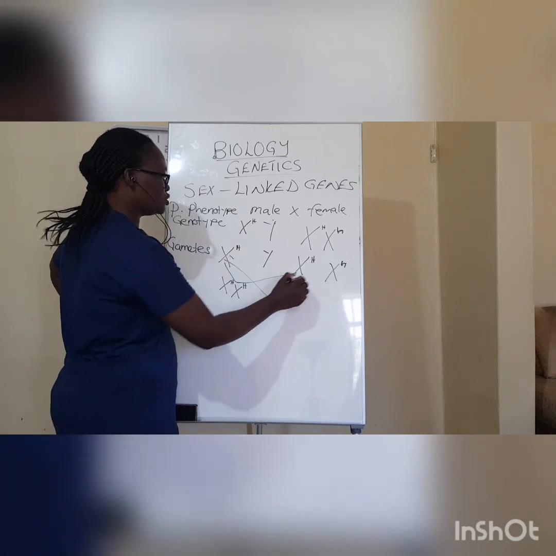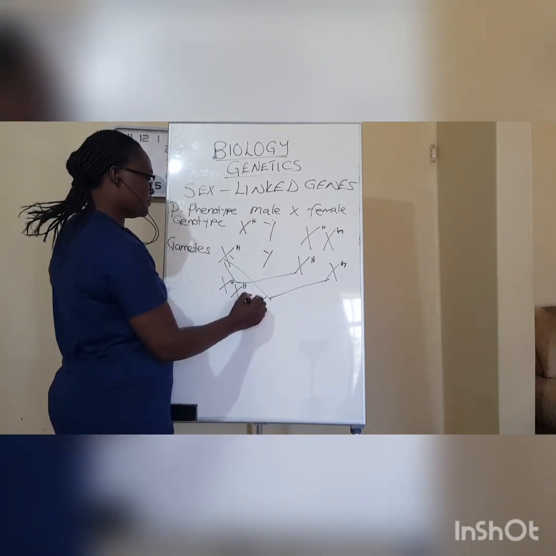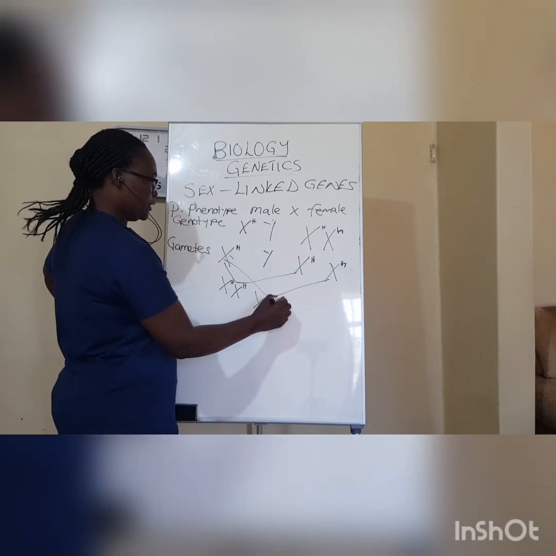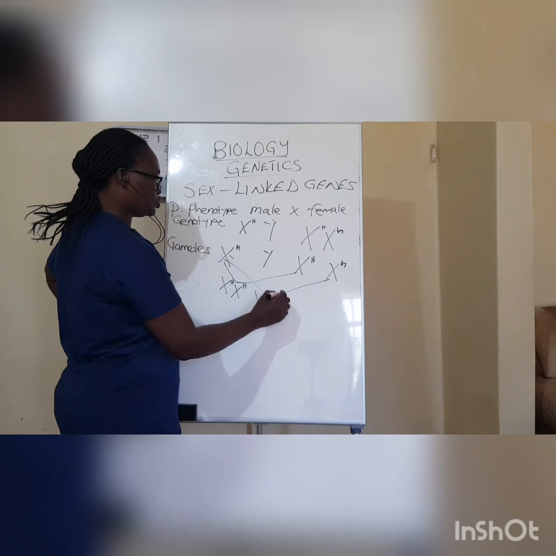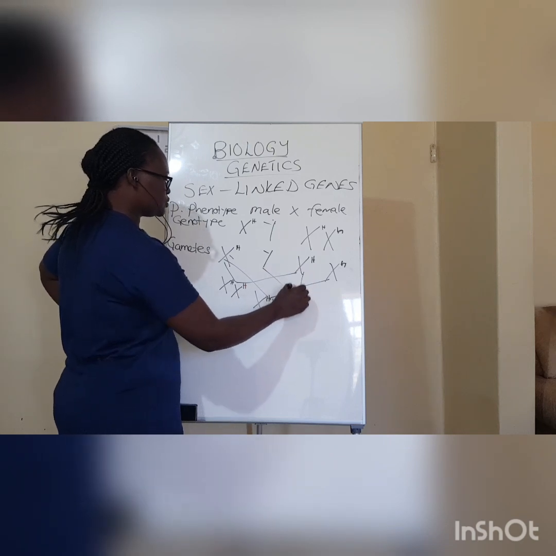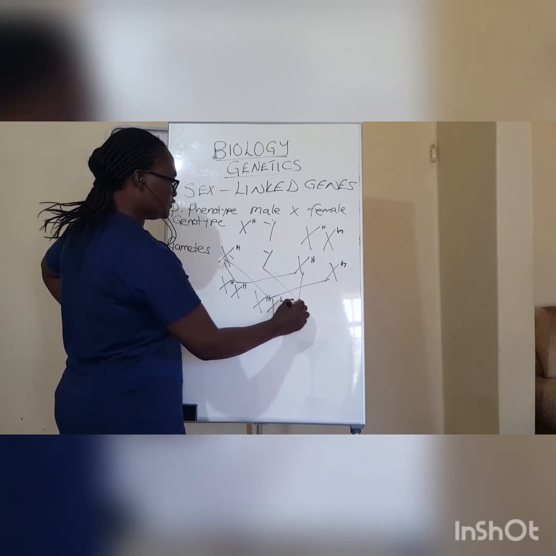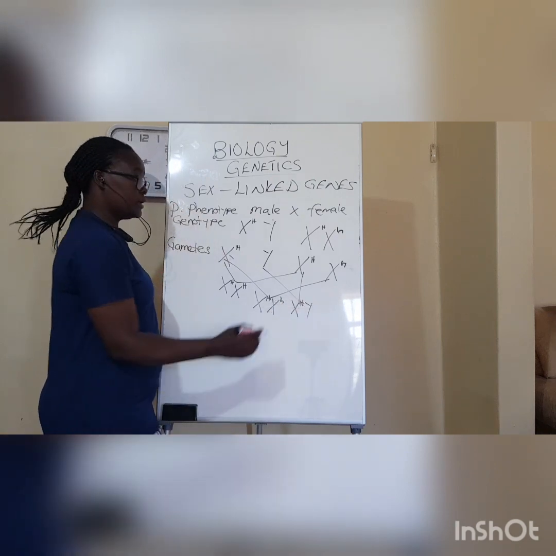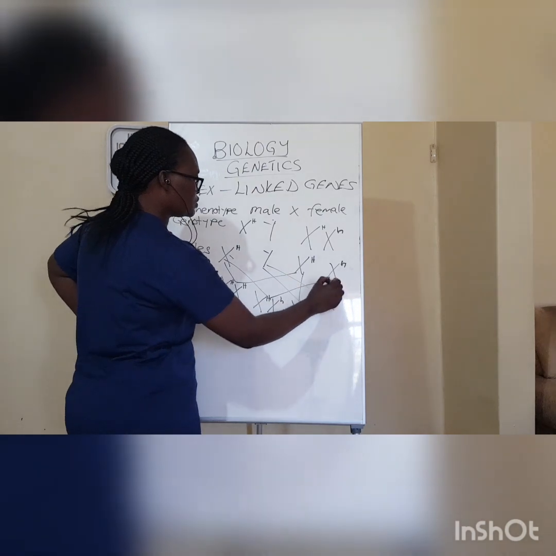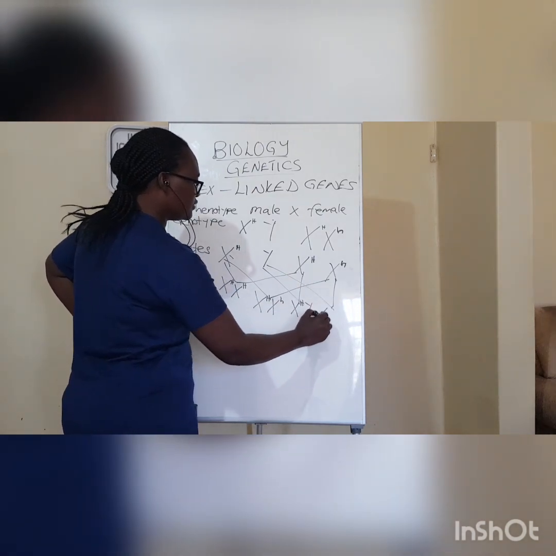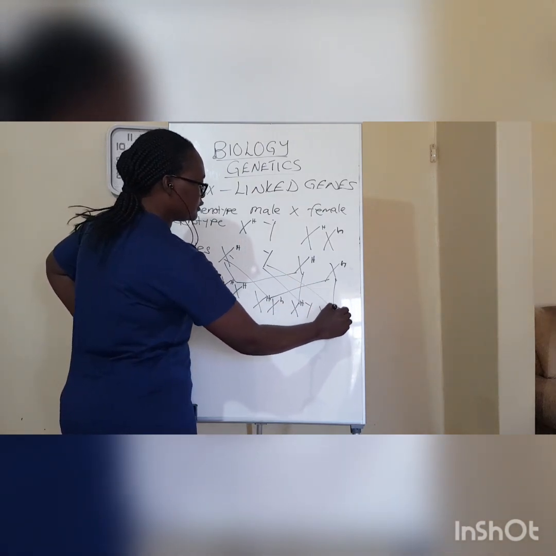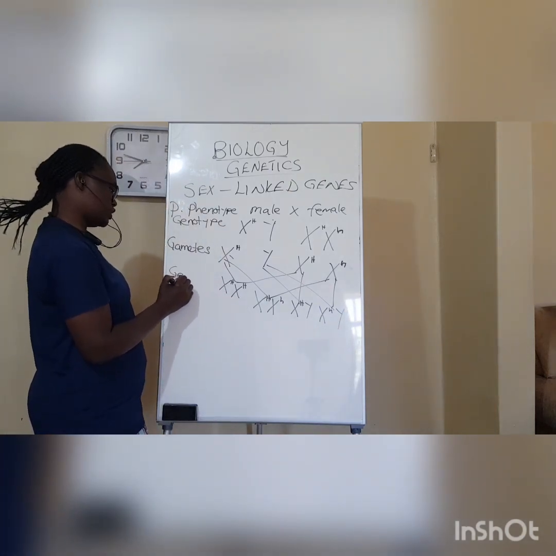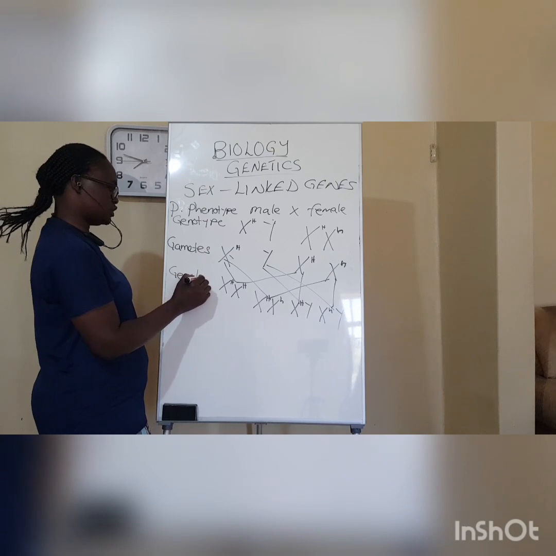Then this goes with that. We have a female capital H and small letter h. Then this one crosses with that one. You have X with capital H and the Y. Then this one crosses with that one. So this is the genotype of the first generation, F1.